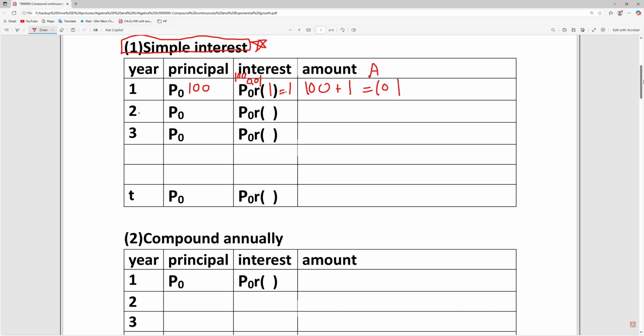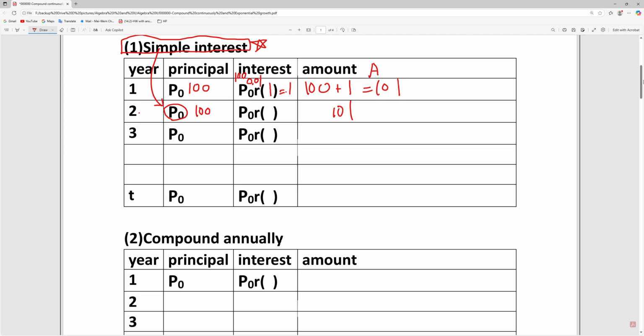And the second year, you begin with $101. But when the bank calculate your interest, they still based on $100, because that's how we call simple interest. They calculate a very simple way.